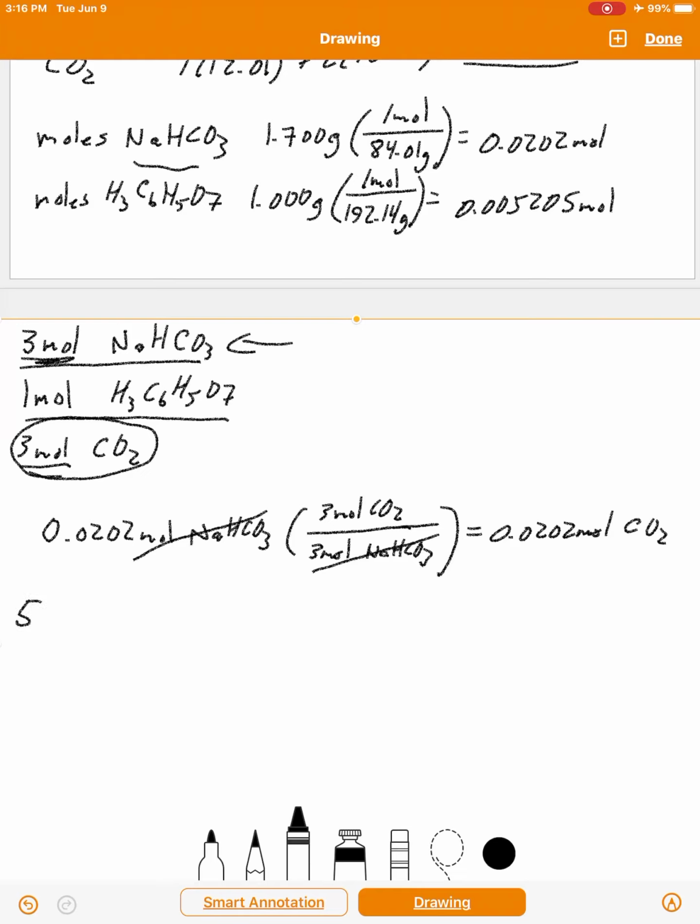Now I'm going to put this into scientific notation. Okay, see how I did that? That's this number up here. And then it's 3 moles of CO2 for every 1 mole of citric acid.